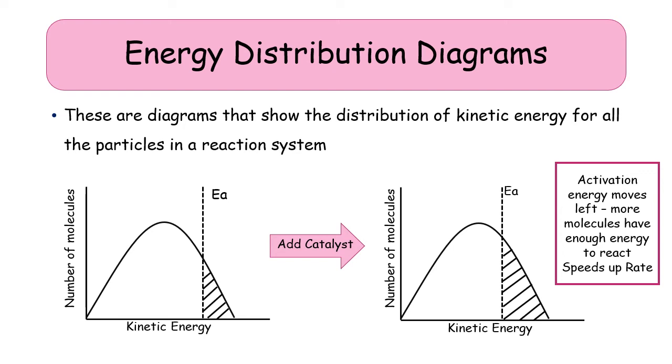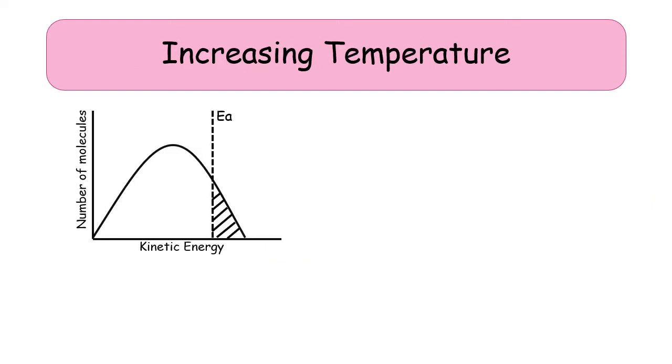So again, when you add a catalyst, the activation energy moves to the left, so more particles end up with enough energy to react. Now, we take our diagram. This is not involving a catalyst, but this time we increase the temperature. When we change the temperature, we're changing the energy of the particles.